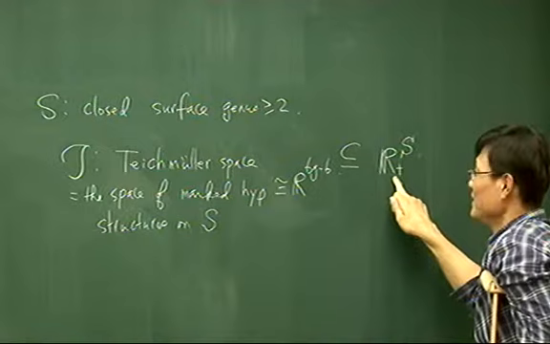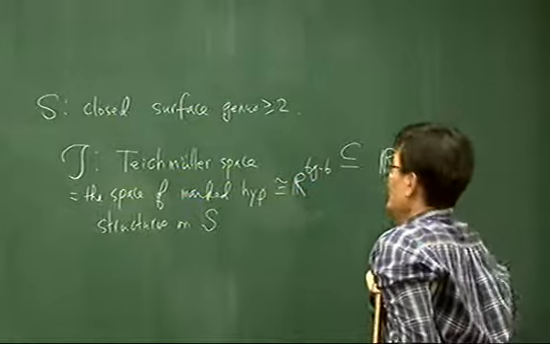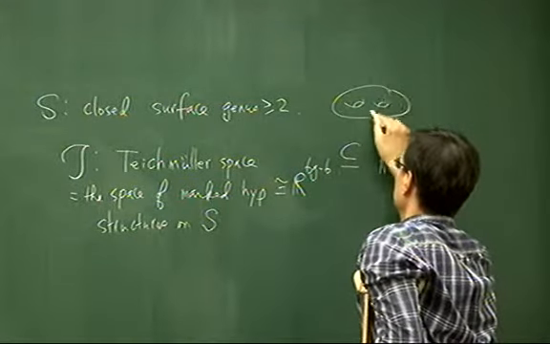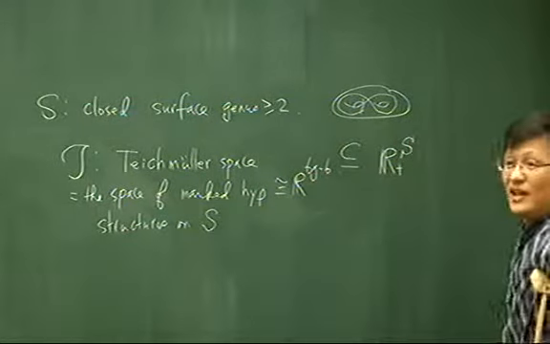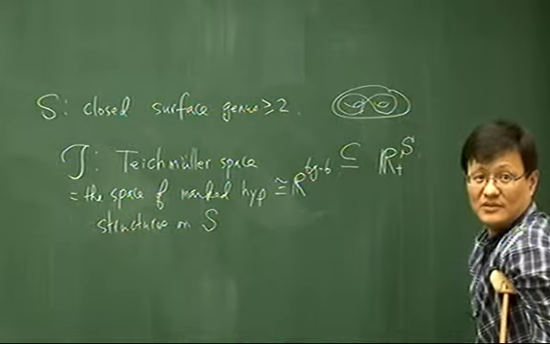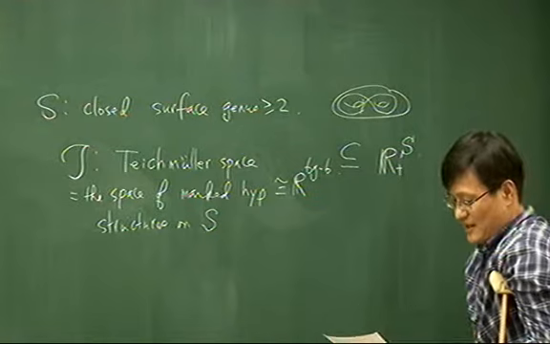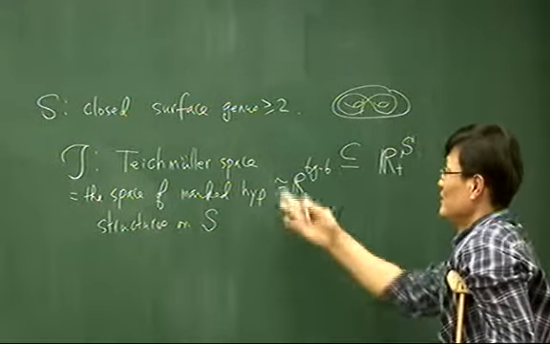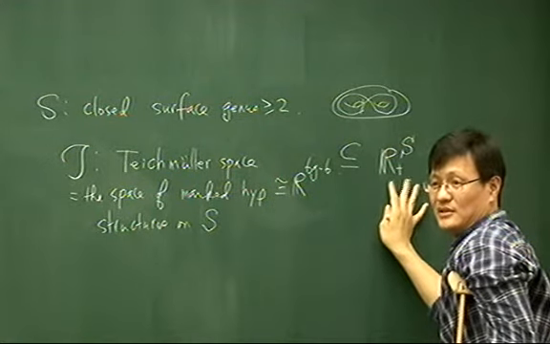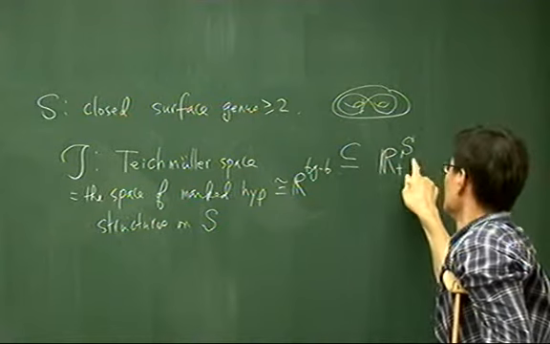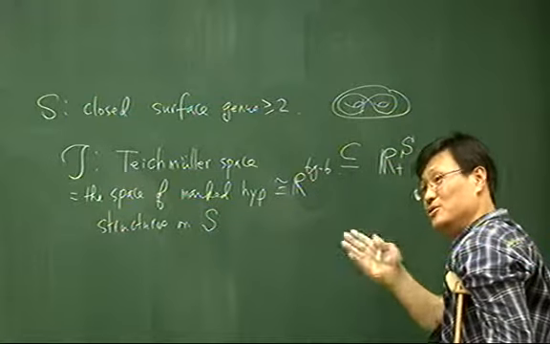Okay. So what it means is that if you choose any curve on the surface, you can measure the length of this curve, which is a geodesic length. Okay. For each Teichmüller metric, you can do that. You can associate a function like this. Here S is the set of free homotopy classes of closed loops.